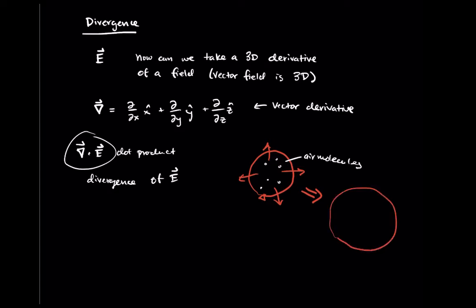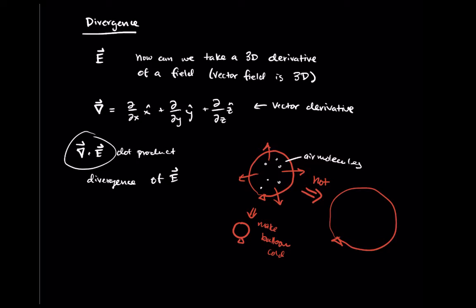So the net vector field, when you sum up all the vectors in the vector field, on average they point in. This is called divergence. If you have net vectors pointing out, that's positive divergence. If it's pointing in, that's negative divergence. If for some reason they're neutral, that's zero divergence.